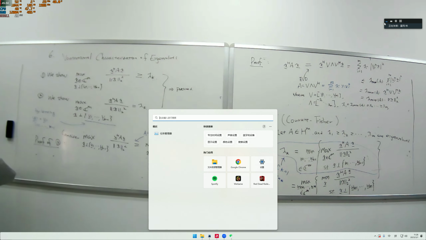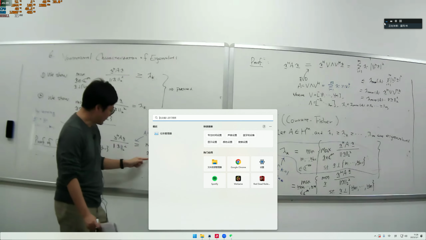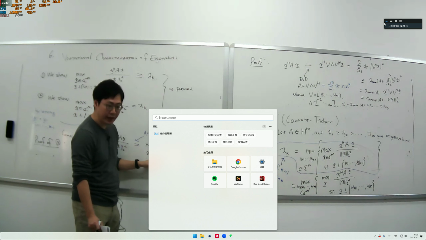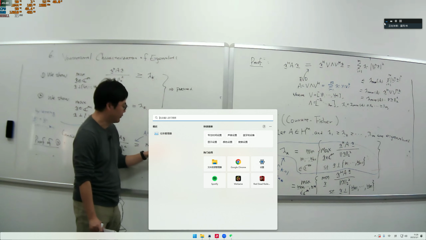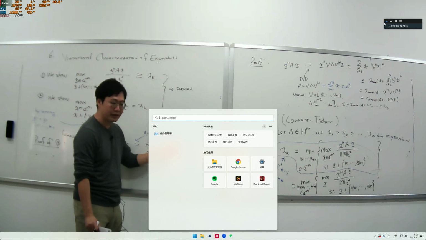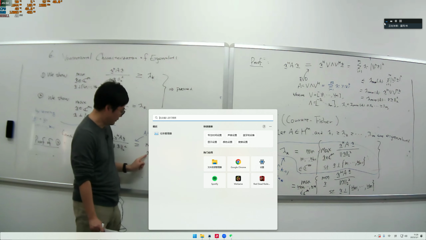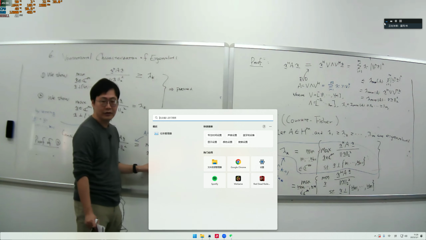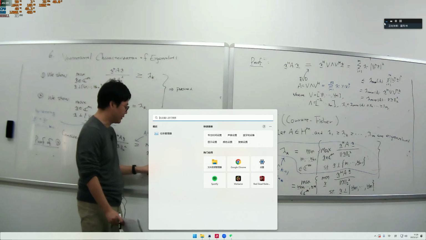We just substitute the EVD of A. Then x is orthogonal to V1 to V_{k-1}. So you see in this summation from 1 to m, for i equal to 1 to k minus 1, this inner product will be 0 because x is orthogonal to it.